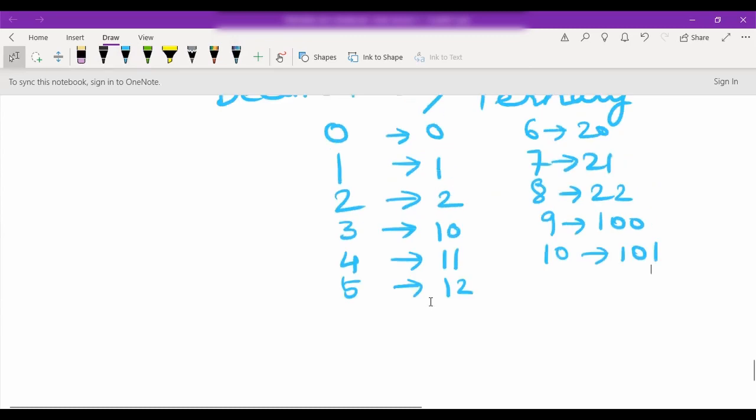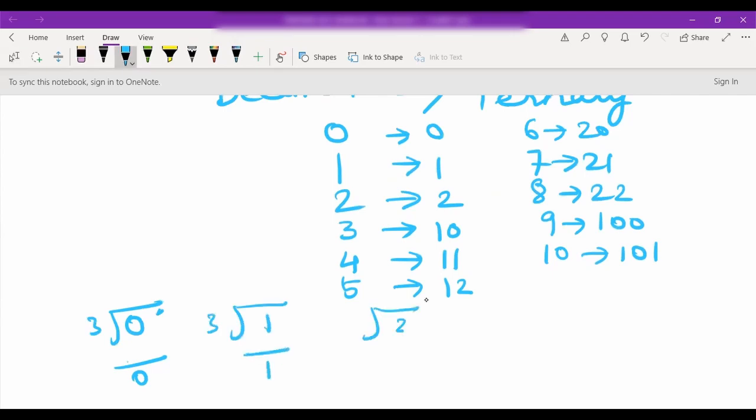Now we have to check the divisibility. We will take each number and check the divisibility. When the number 0 is divided by 3, the remainder will be 0. When the ternary number 1 is divided by 3, your remainder will be 1. When number 2 is divided by 3, your remainder will be 2.